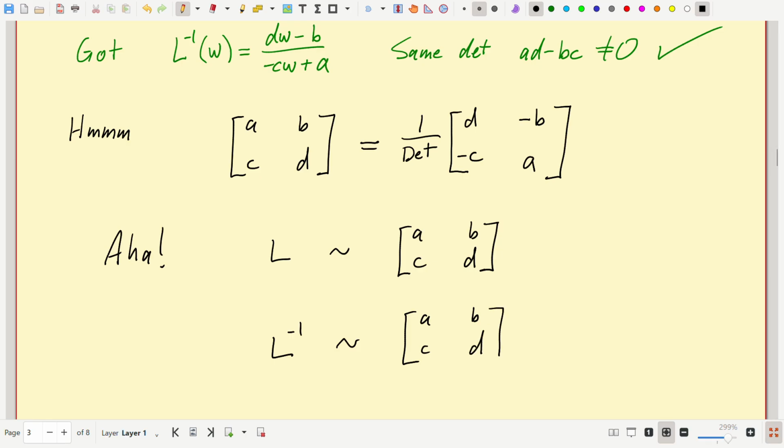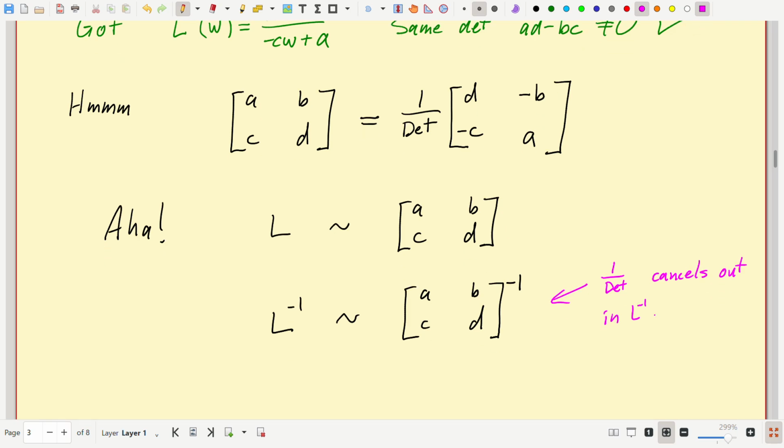So you might wonder, why don't I have to worry about the determinant? Well, the determinant would multiply the numerator and the denominator by the same number, so it cancels out. So a thing to note: 1 over the determinant cancels out in L inverse because it's in the numerator and the denominator.